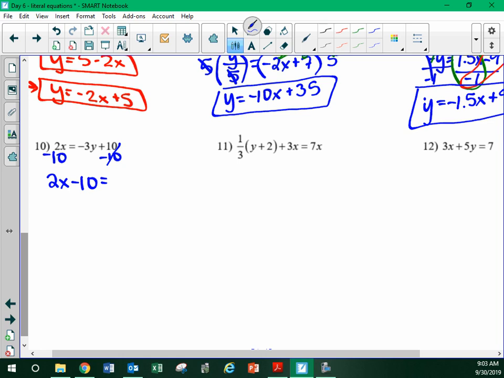Notice it's still a negative 3y. Alright, and we have negative 3 times y, the opposite of multiplying is to divide. And once again, I have to divide everything by negative 3.